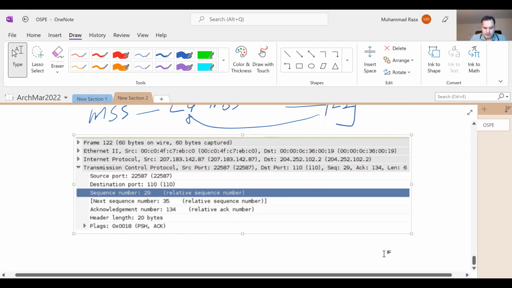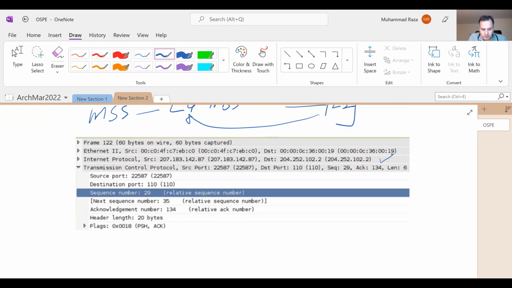So if you look at the layer 3 row, this is showing what I have opened up here.